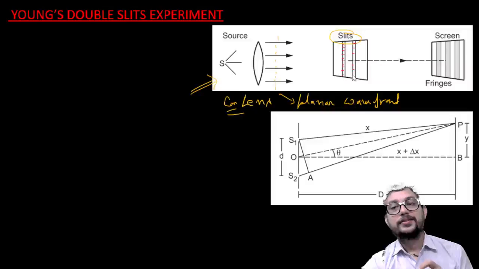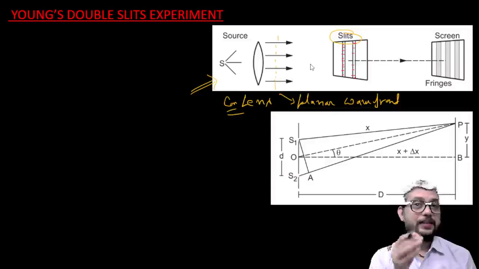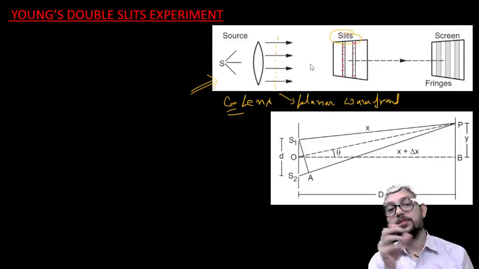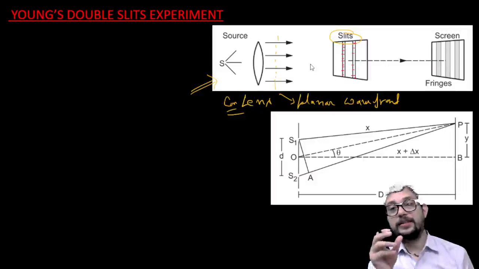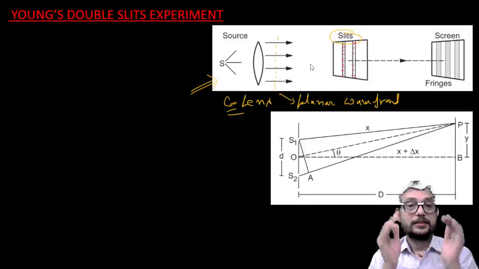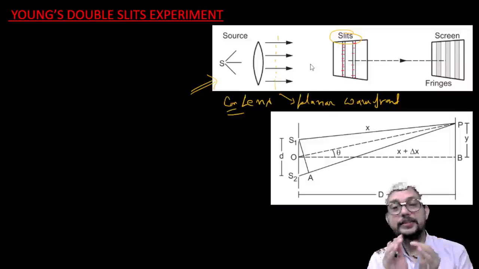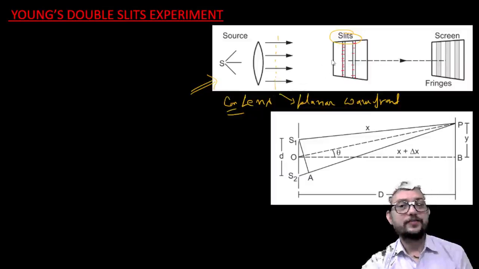Okay, so whatever light waves are coming from the convex lens, or we can say the planar wavefront, that falls on the slits, and after passing through the slits we get the fringes on the screen.